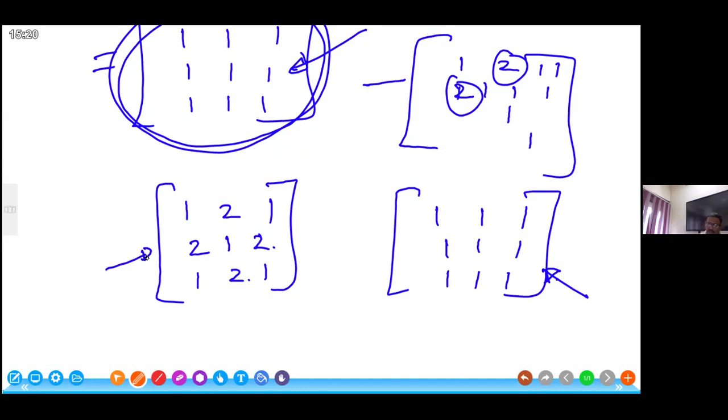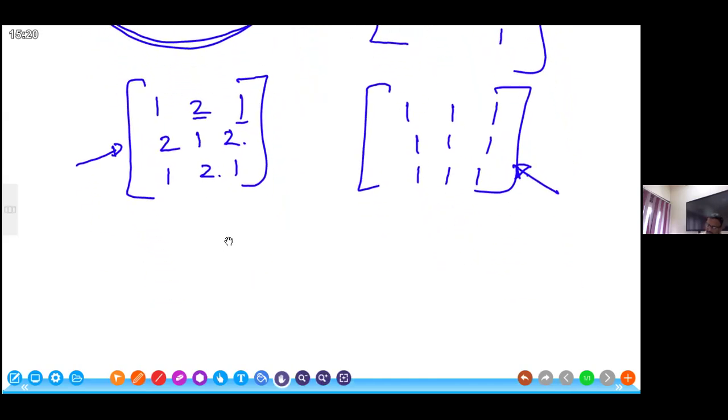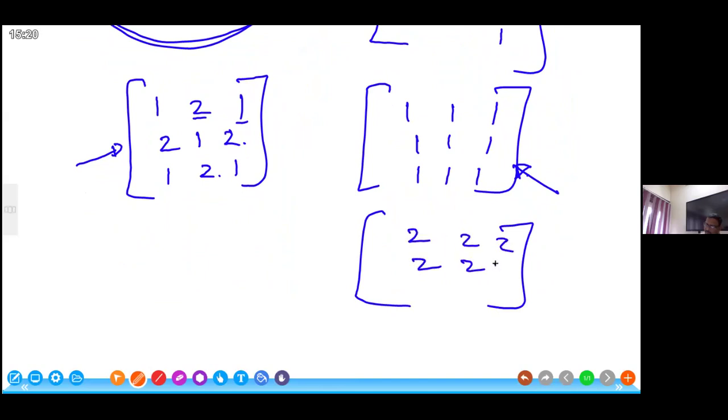Here is a matrix with 2 values. 1 is also there, 2 is also there, right? So this is another matrix like this. Here, this matrix is the same as this matrix because both matrices have the same value in every place.